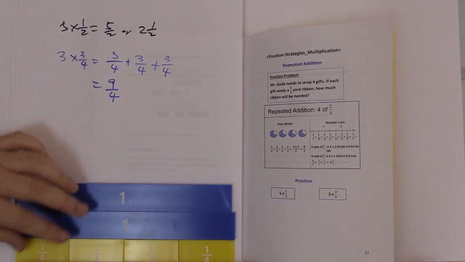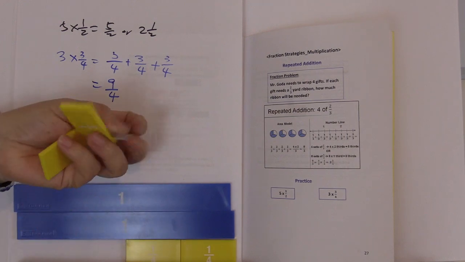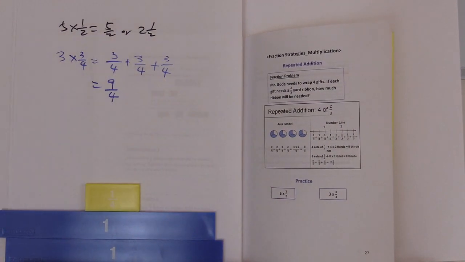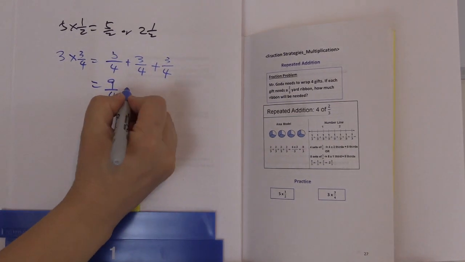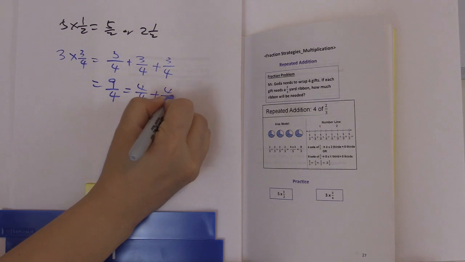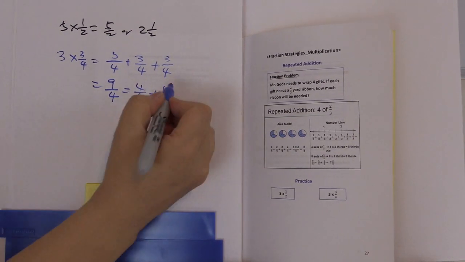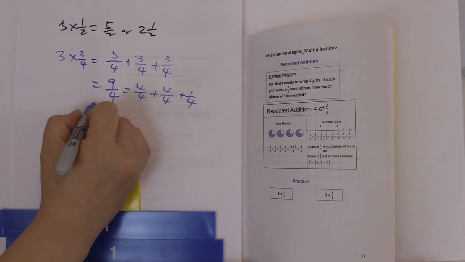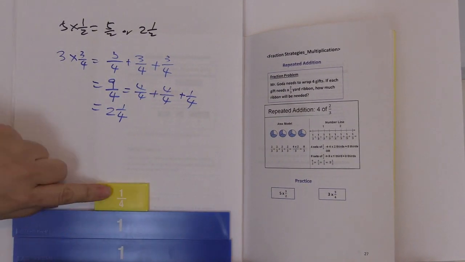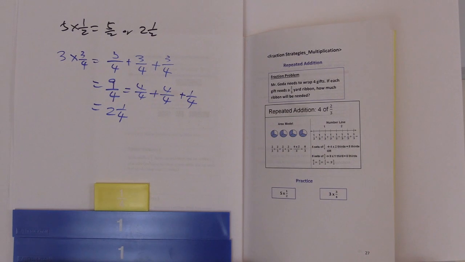But with the fraction strip, kids can find out this here. So I have 9/4. But I have 4/4 that makes another one. So it's going to be 4/4 plus 4/4. That is my 2 plus 1/4, which is 2 and 1/4. 2 wholes and 1/4 is the correct answer.